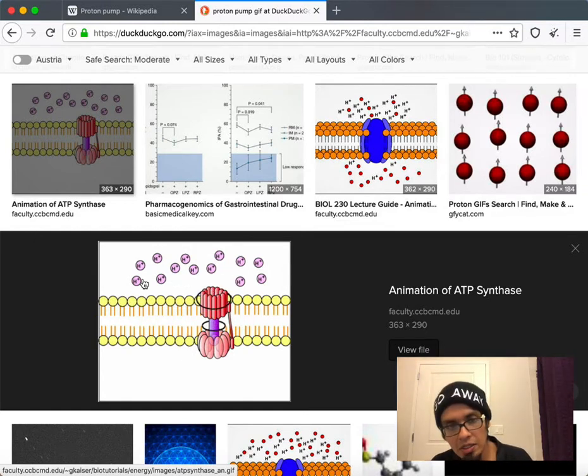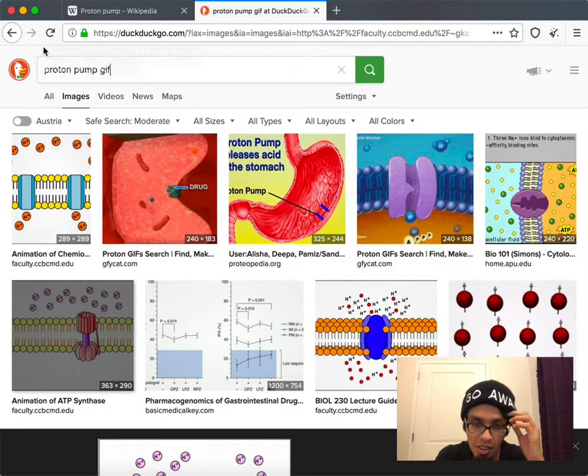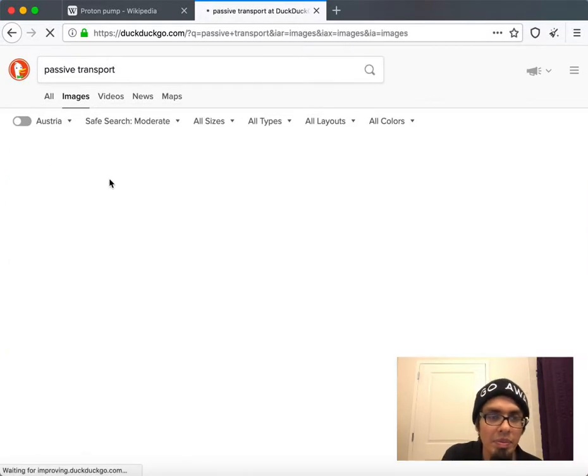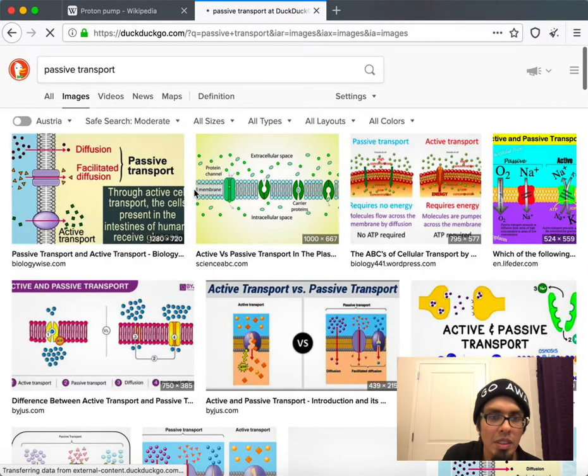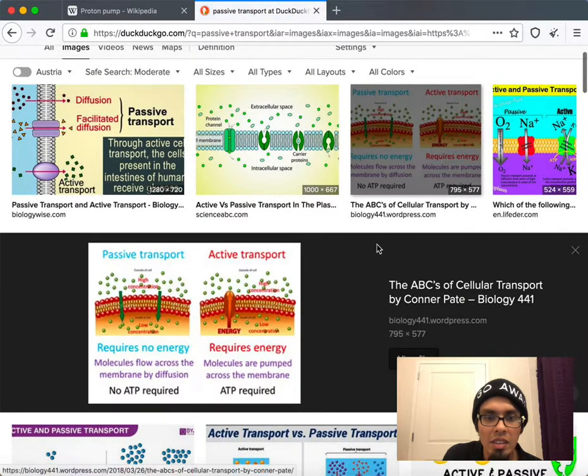So that's called passive transport, because basically there's more things inside a cell versus outside a cell, and those things will want to go outside of the cell. Let's start with passive transport. This is a good example.